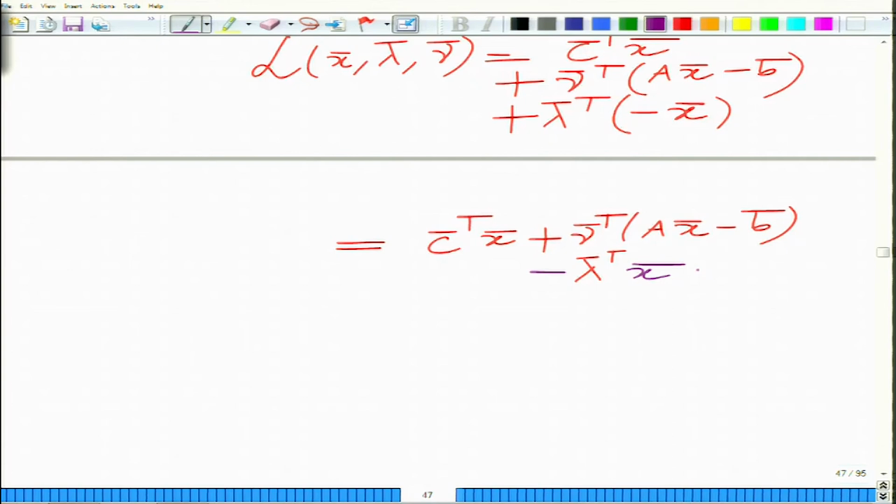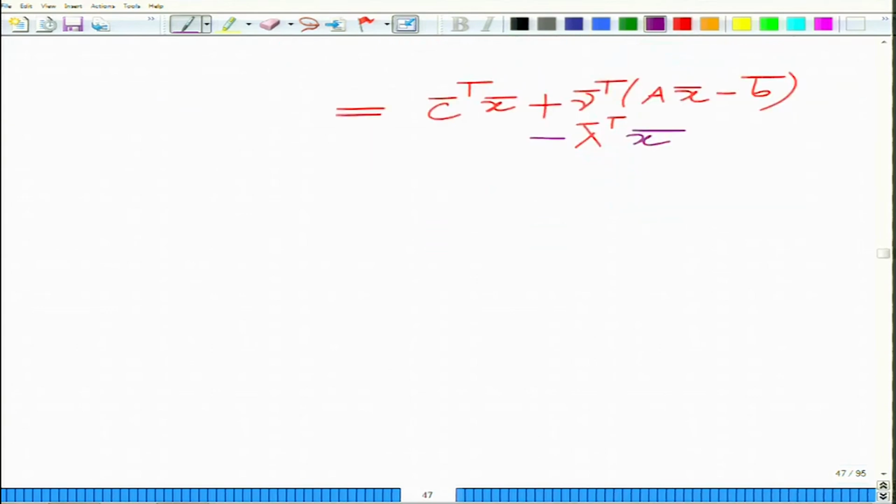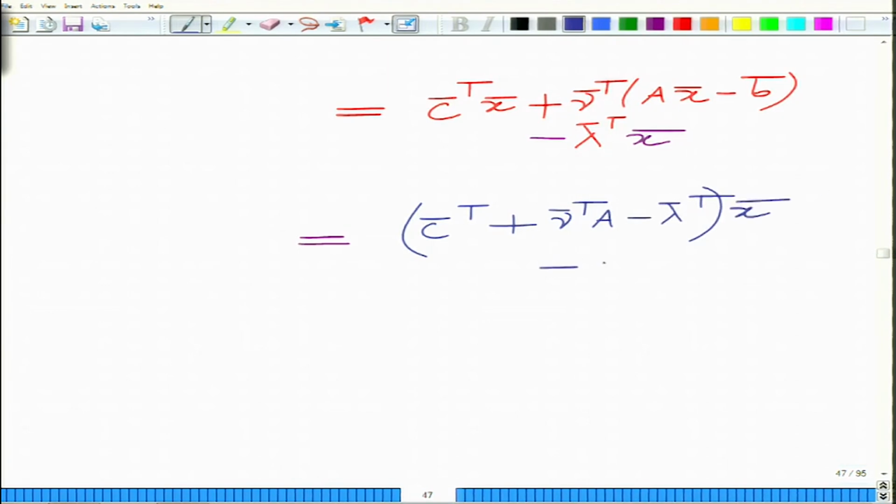Now, we have to take the minimum of the Lagrangian, and typically for that we differentiate it with respect to the vector x bar, but since this is an affine function, we will follow a slightly different approach. If you separate the terms, you write this as the terms corresponding to x bar, that is C bar transpose plus nu bar transpose A minus lambda bar transpose times x bar, minus the constant term.